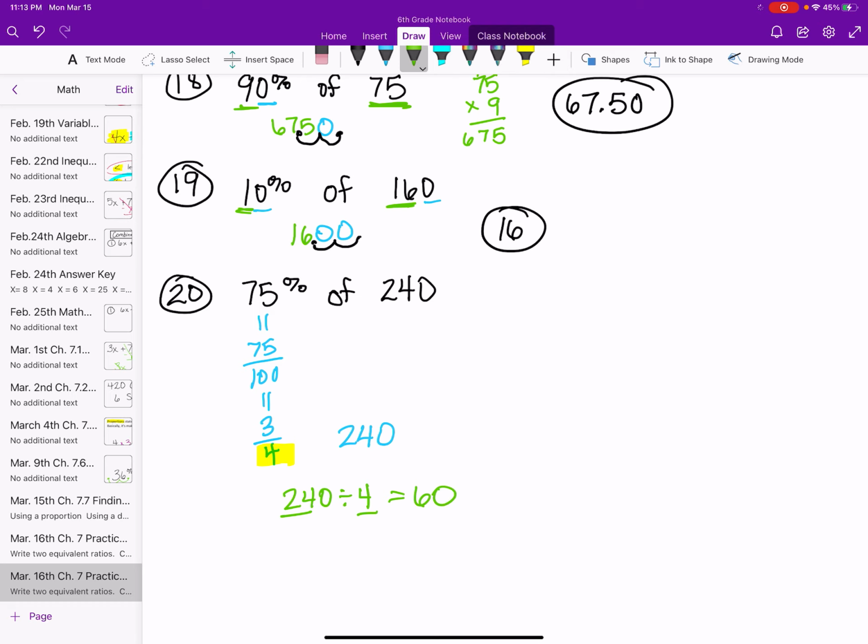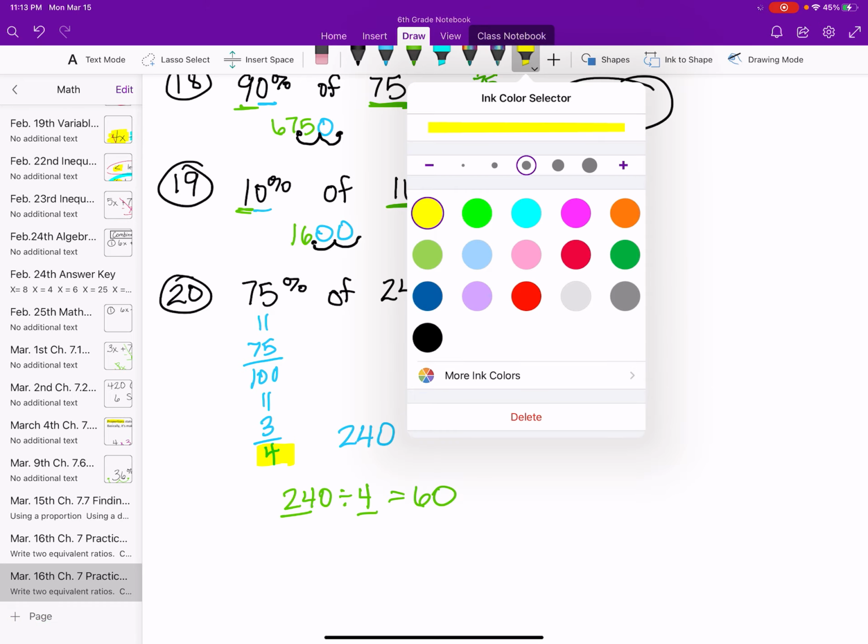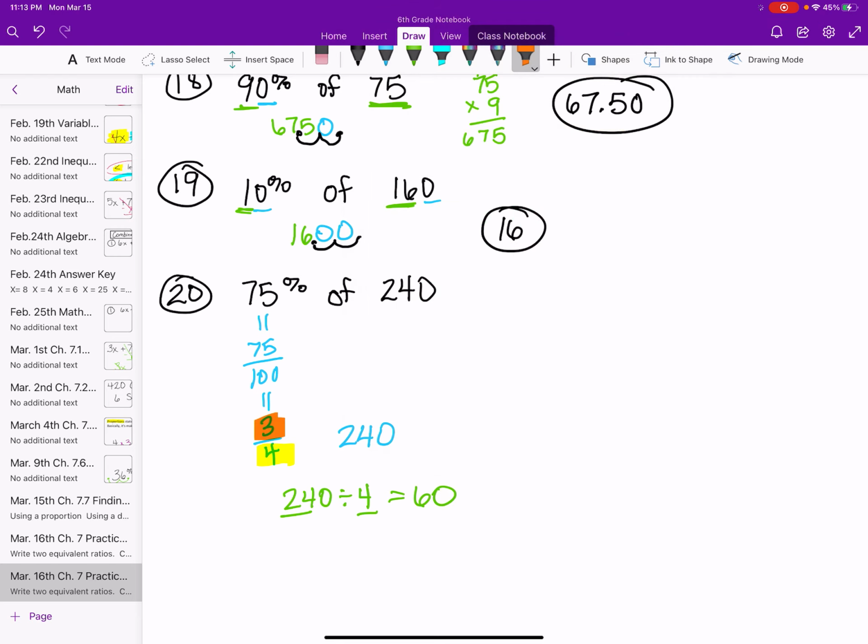Add my 0 is 60. It's saying that I have 3 of those. So I'm going to take 60 times 3 equals 180. And that is my answer. You would have gotten the same answer if you chose to do decimal form on it. It's up to you. Okay?